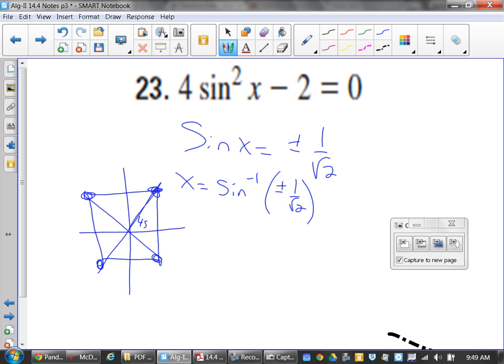Therefore, it makes a square. What do squares have? Right angles. And each right angle measures how many degrees? 90. In radians, then it's pi over 2. So you have pi over 4 plus pi over 2. Does that make sense why it's going like that?